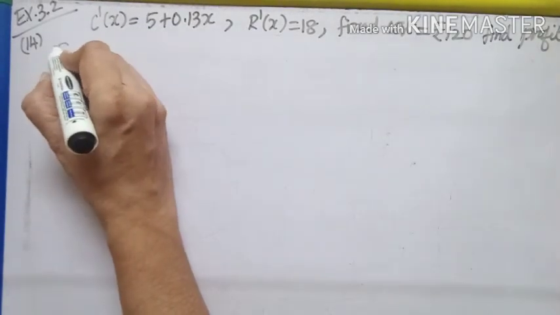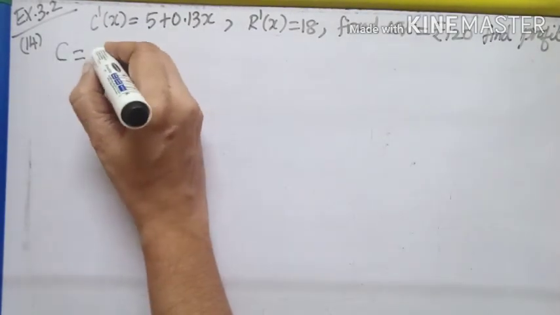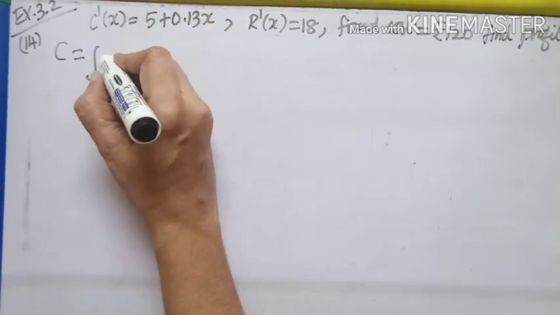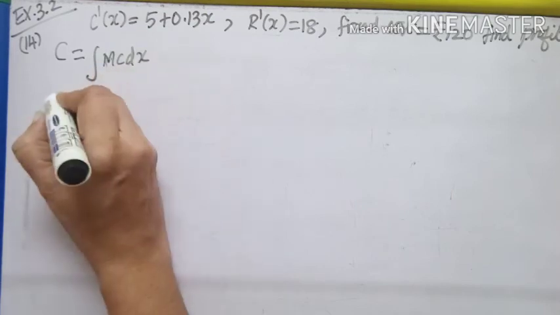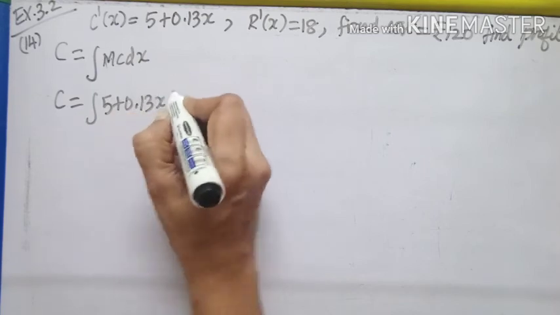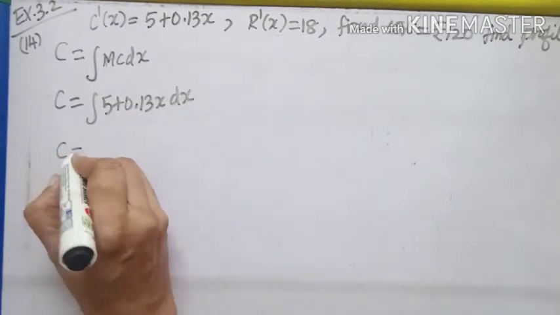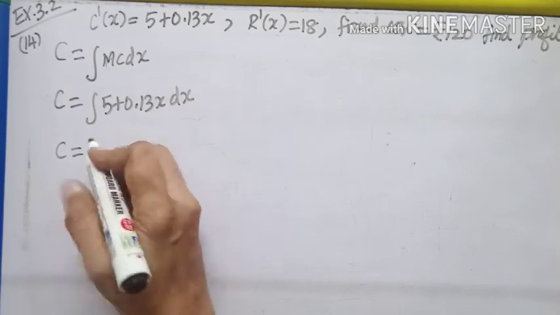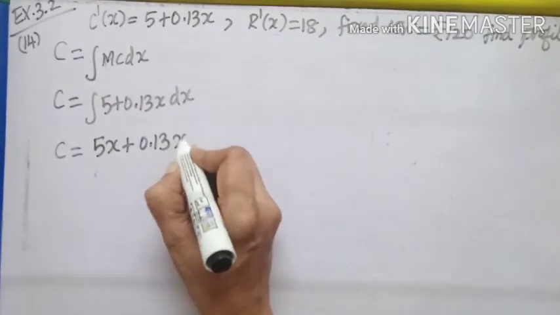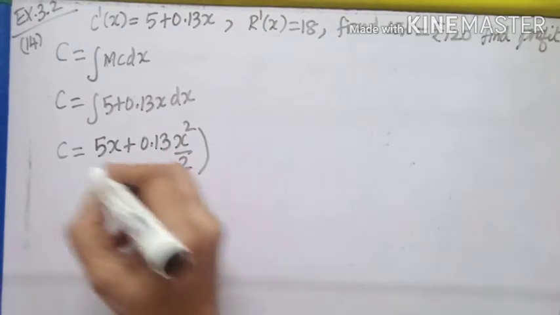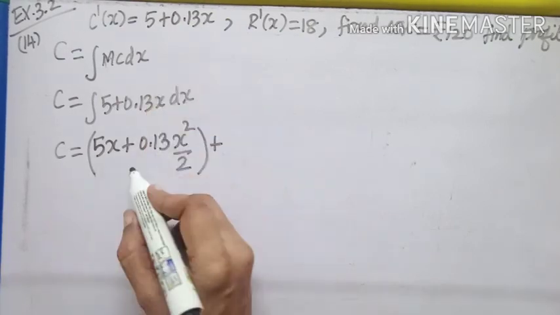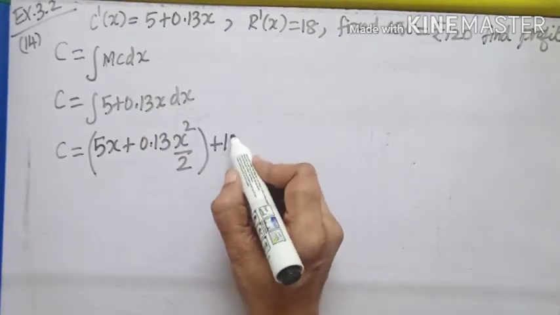So we first find out C. C is equal to integral, let's write the formula, MC dx. C is equal to integral 5 plus 0.13x dx. C is equal to integral: 5 can be written as 5x, 0.13, x becomes x square by 2, plus limits not given, so plus constant.